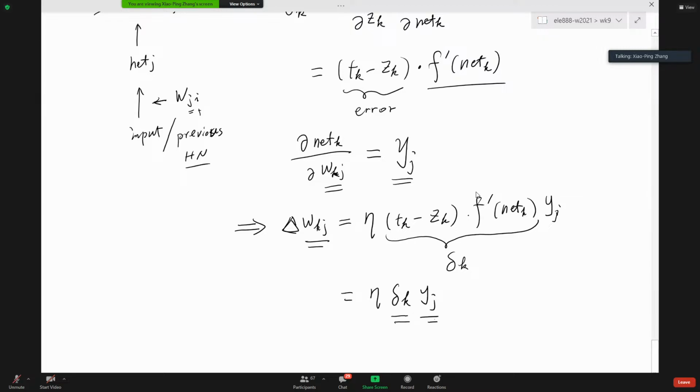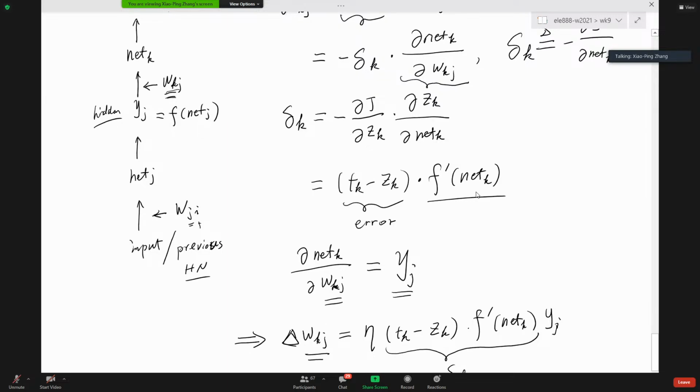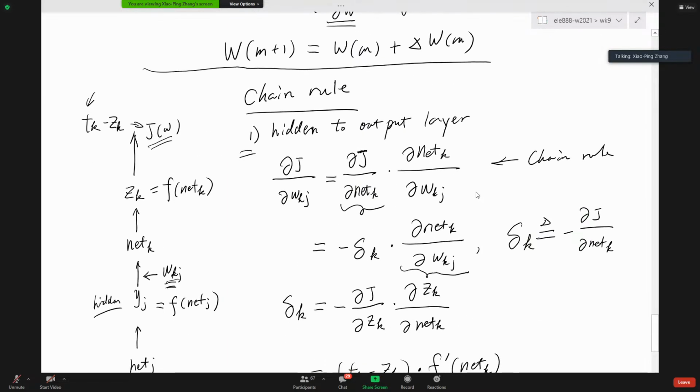So now we have the derivative of the coefficient between hidden layer to output layer. This is the last layer. But we still need to find the next one. The second step, I need to go down to find the derivative of the next layer. So this is the first step, hidden to output.